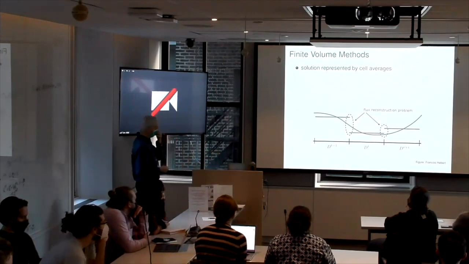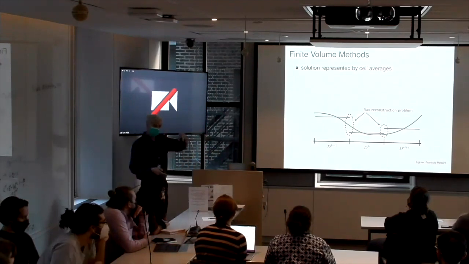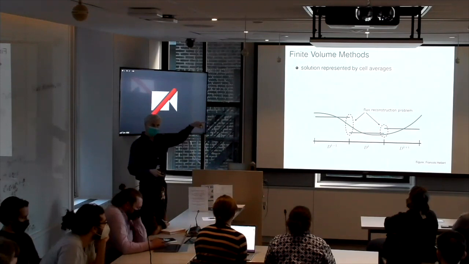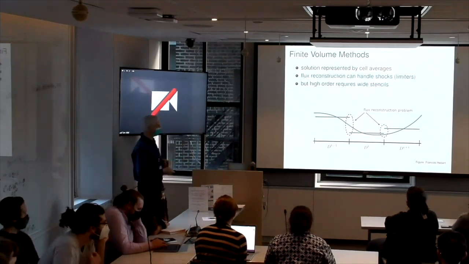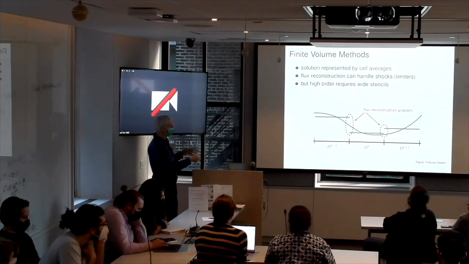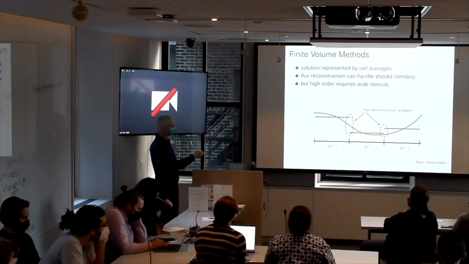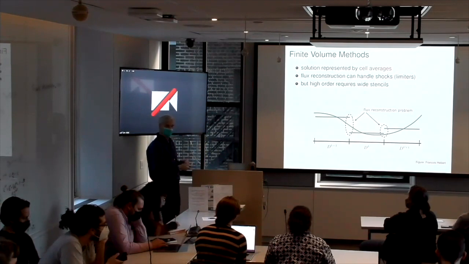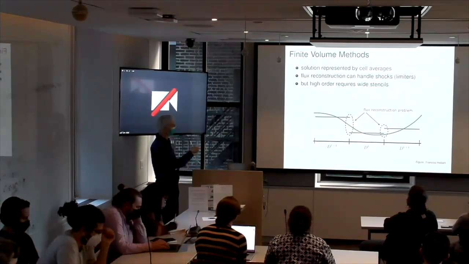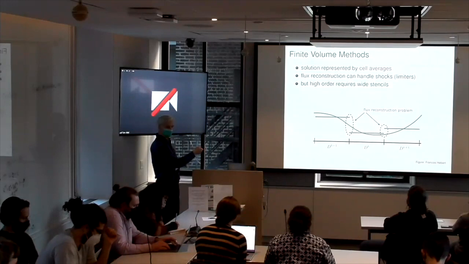And if we do that badly, we get the analog of Gibbs phenomenon. But we've had 60 years to figure this out. There are very good prescriptions, limiters is the generic name given to how you do this, which can handle shocks.